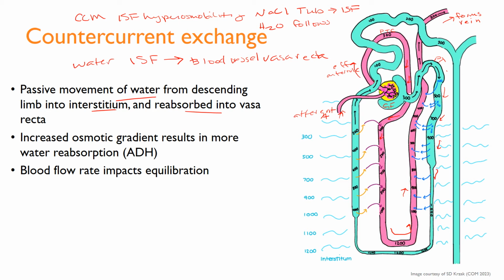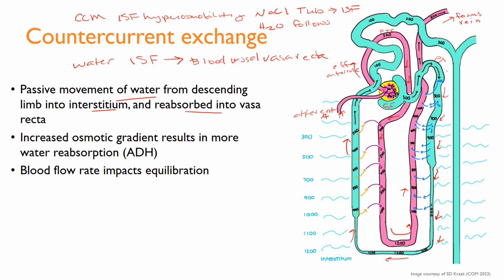This fluid is flowing, notice, in an opposite direction from the blood vessel fluid. Now down here at the bottom, it makes the hairpin turn and then it goes up. And you'll notice that this is flowing in opposite direction as the blood vessel. So the blood vessel fluid is moving down, but the portion of the nephron that's right next to it, the fluid in that portion of the nephron is moving in the opposite direction.